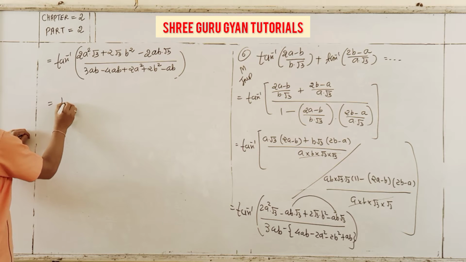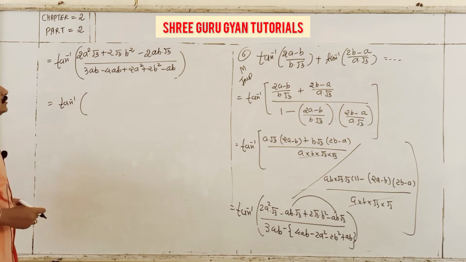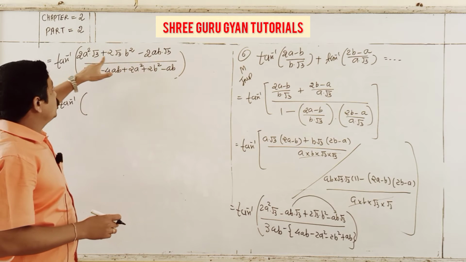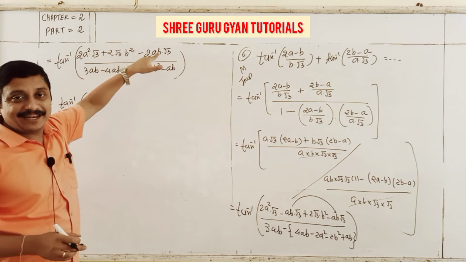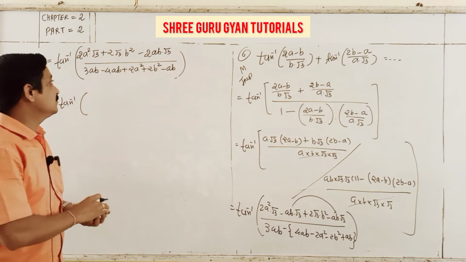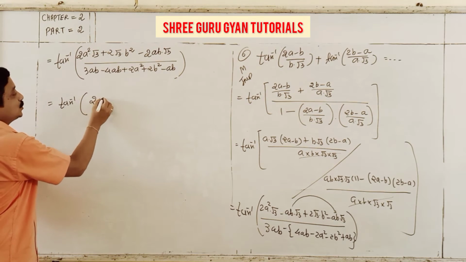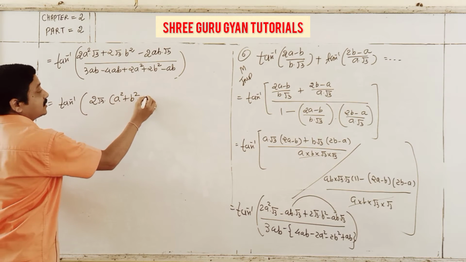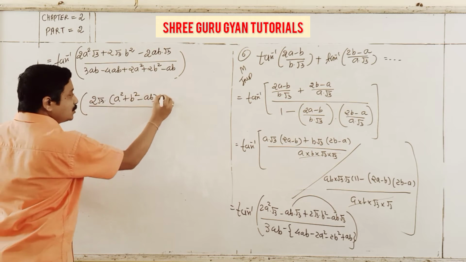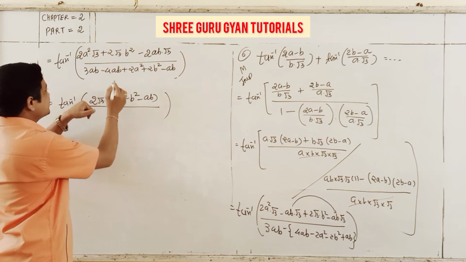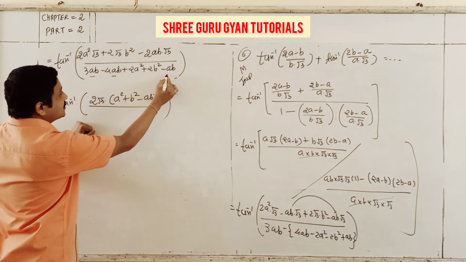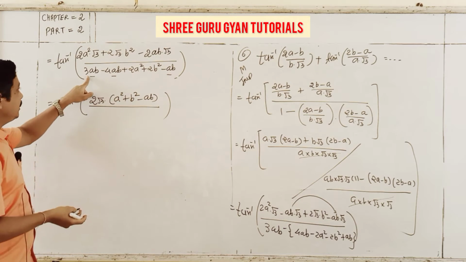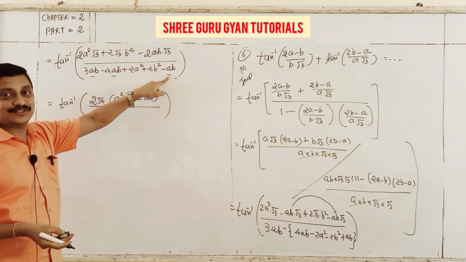Again you collect your like terms and try to take the common factor in the numerator. Can anybody tell what is common in the numerator? Yes, 2 root 3 is common: a square plus b square minus ab. And the denominator is also the same. Just these are like terms: 3 minus 4 and minus 1.